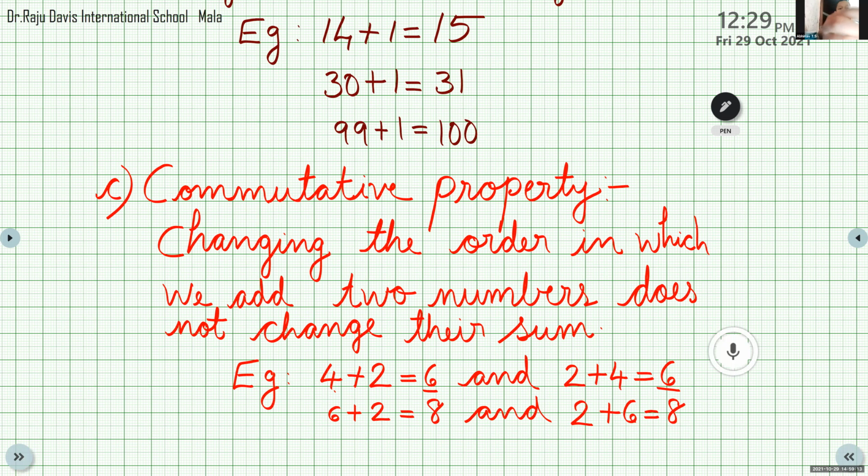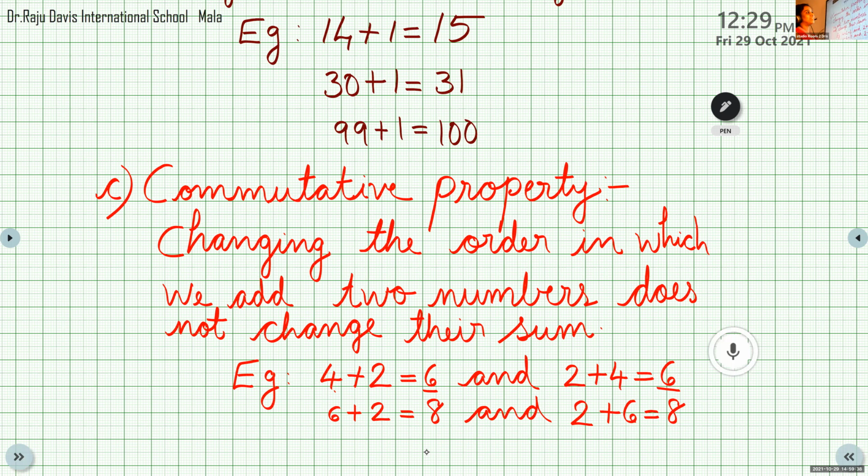Another example. Abhinav, please tell me one 2-digit number. Okay, ma'am. 99 plus 2. Let me write here. 99 plus 2. What is the answer of 99 plus 2? 102.